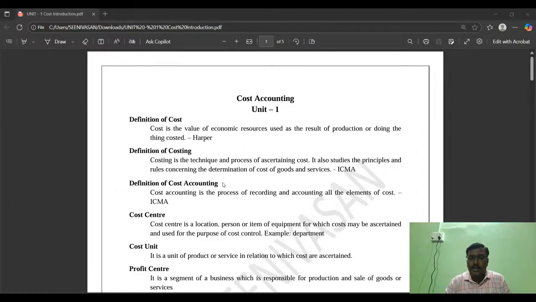These are all called elements of cost. So what we do in cost accounting is record all the elements of cost, all the types of cost, and make an accounting to understand how much we have spent and what could be our selling price in future.